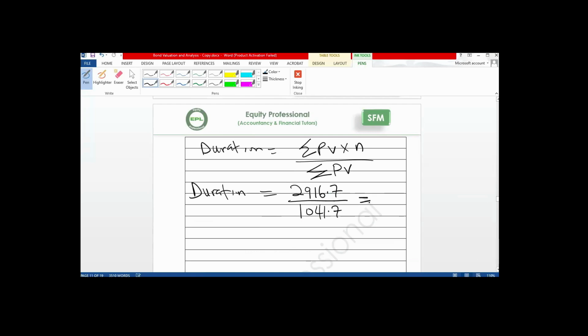Please, what is the duration? 2.80. Thank you. 2.80 years. That is the number of years it will take the bond investor to recoup the amount invested in the bond. We have calculated our duration.